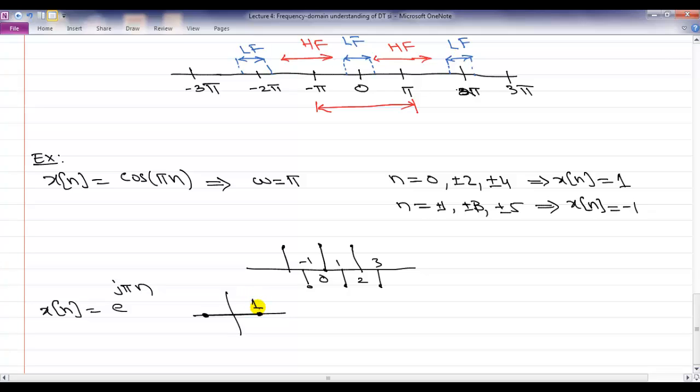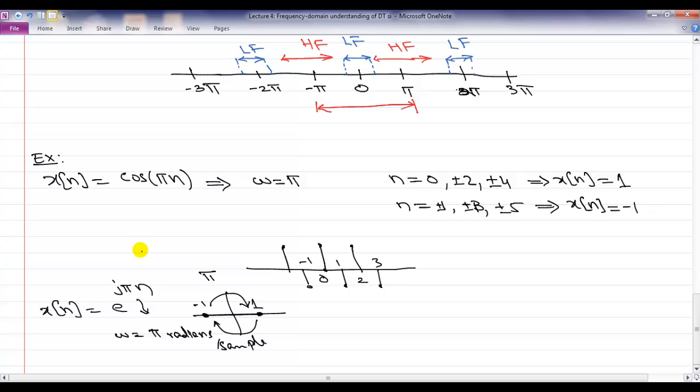So it will keep on fluctuating between the two, and effectively between any 2 samples, it covers pi radians. So the frequency here is pi radians per sample. If you think of it in terms of the unit circle, between any 2 samples, it basically covers pi radians, and it keeps on going.